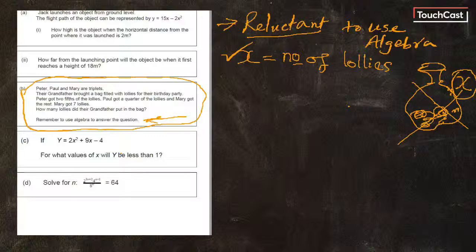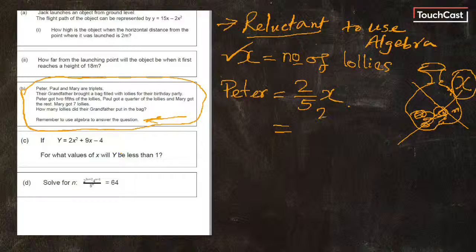Now we have to form equations. Peter got, that's Peter's portion, which is 2/5 of x. And remember, in the class we decided, for the sake of simplicity, we will call this 2 times x over 5.